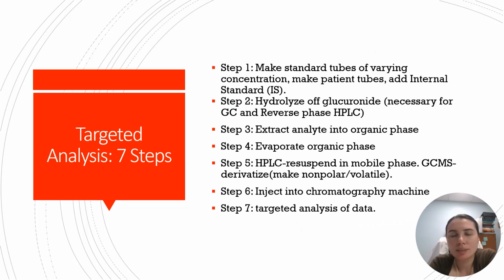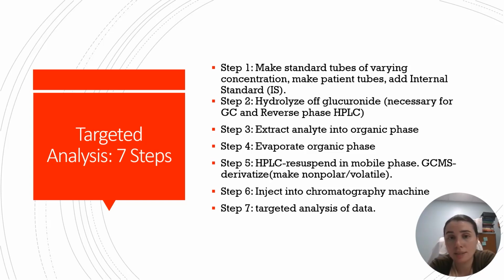So to bring it all together, I'm going to walk you through a targeted analysis, which generally has 7 steps. The first one is to prep your tubes with standards of varying concentrations, your patients, and then you add an internal standard, and I'll tell you what that is in a second. Step 2, hydrolyze off the glucuronide.